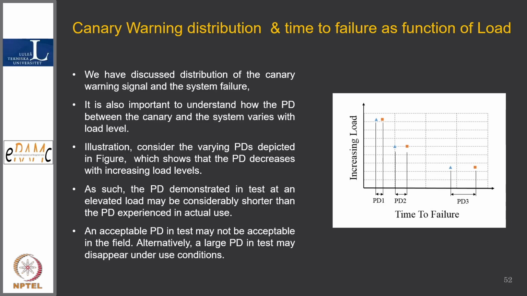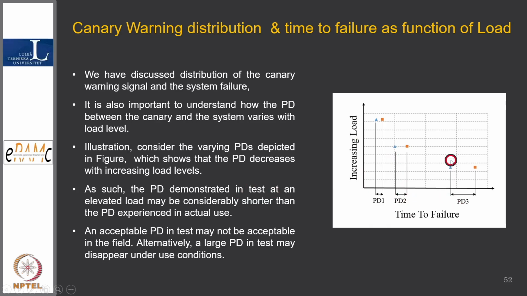Now it is quite apparent that if we apply the increasing load, then the prognostic distance will reduce because canaries will fail faster. But if the loading reduces, and loading could be environmental loading or operational loading, then the prognostic distance has increased.